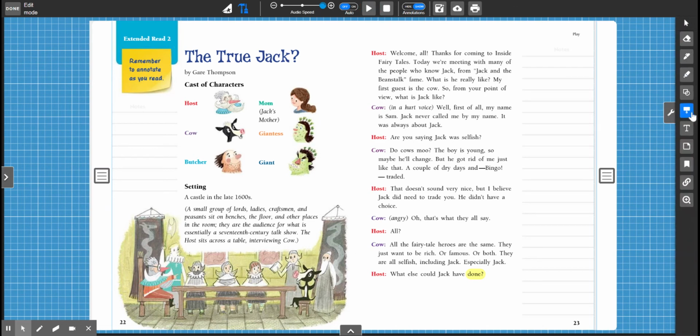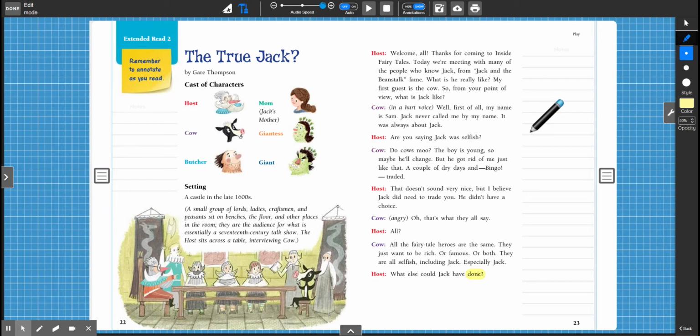All right, so before we go on to the next page, I want you to grab your highlighter. If you're using different colors, just grab one. This will be your color for cow. So how does cow feel about Jack? If you look back at this first thing that cow says about Jack, he says, first of all, my name is Sam.